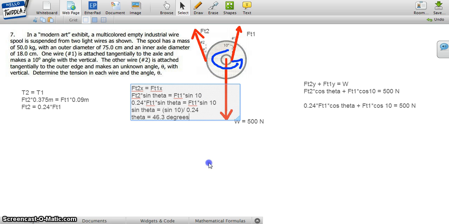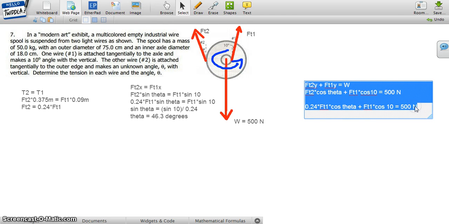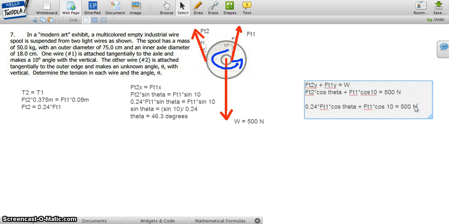Okay, that's good. So if I know the angle, then maybe I can plug that in over here. So let's see if I can try that. So now I have 0.24 times Ft1 times cosine of 46.3 degrees plus Ft1 times the cosine of 10 degrees equals 500 newtons.